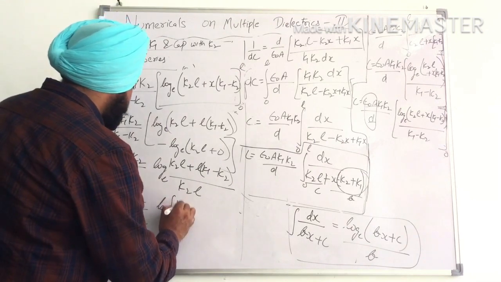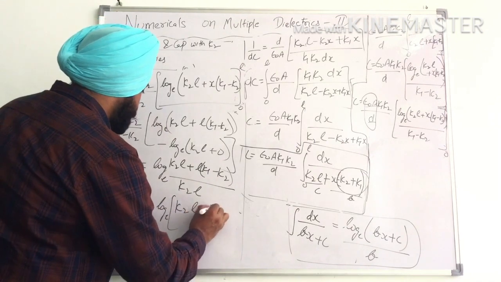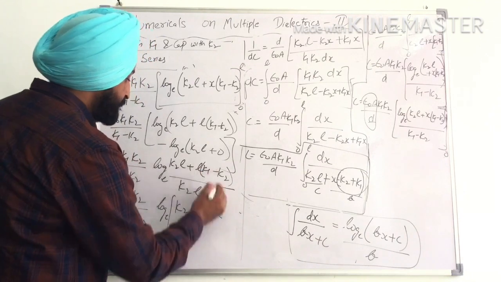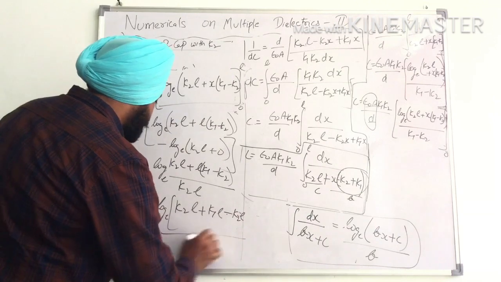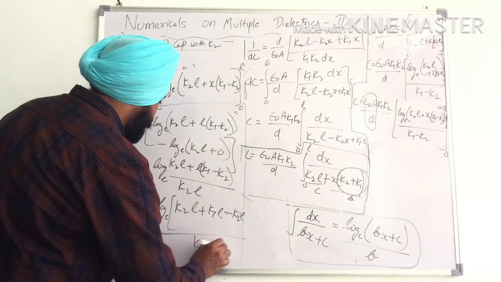I can write it as K2L plus K1L, if I multiply L inside, minus K2L, divided by of course K2L.